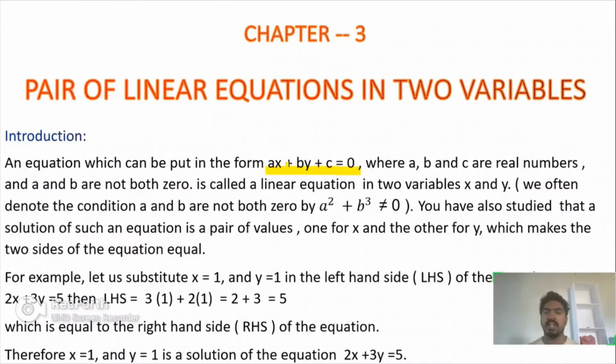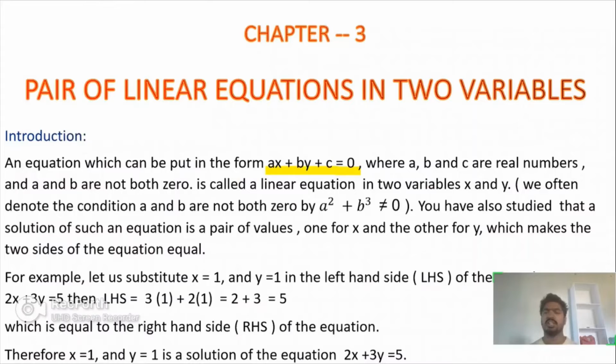The second point they are mentioning is, here a, b, c are real numbers and a and b values can never be equal to 0. Why? Because if the a value or b value equates to 0, then the total expression is converted into a linear equation in one variable. But here we are dealing with a linear equation in two variables, so these two values a, b are not equal to 0.